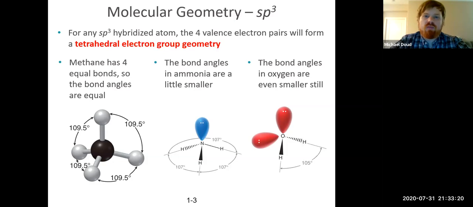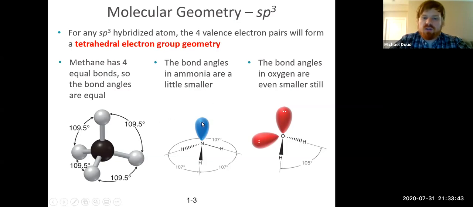In the molecular geometry, we're not going to look at the lone pairs because the lone pairs are basically invisible when we actually image the molecule itself. So here we have 4 equal bonds, so everything's equal, and so it's a tetrahedron. So that gives us a bond angle of 109.5 degrees between each of the bonds.